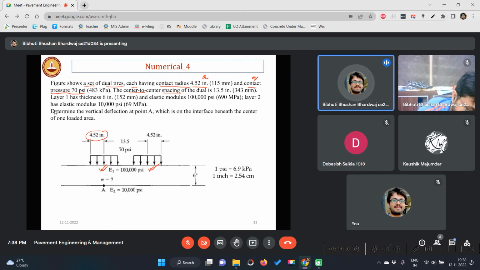The center to center spacing of the dual is 13.5 inch. Layer 1 has a thickness of 6 inch and elastic modulus 100,000 psi, layer 2 has elastic modulus of 10,000 psi. Determine the vertical deflection at point A, which is at the interface at the center of one loaded area.